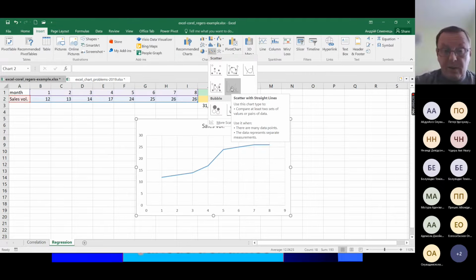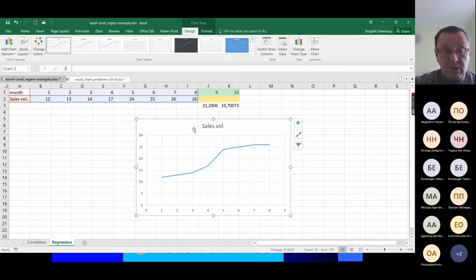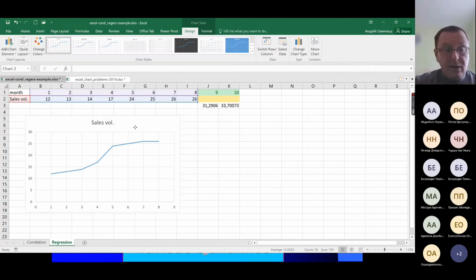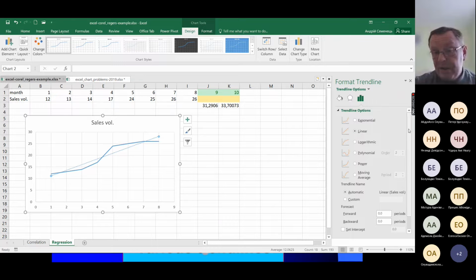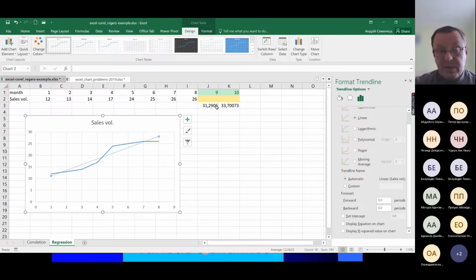And here, again, I will build a scatter plot as usual, and I will add the trend lines. This time I can add multiple trend lines with a linear model, which should give similar results to the given FORECAST.ETS.